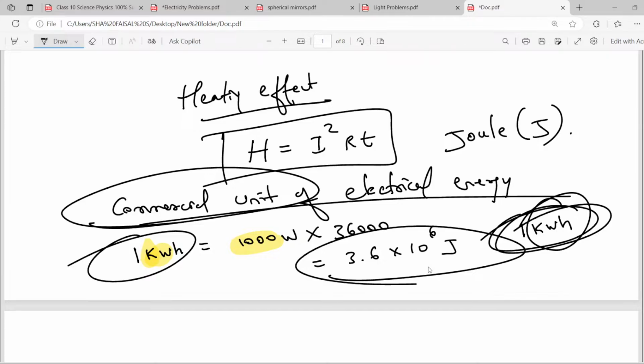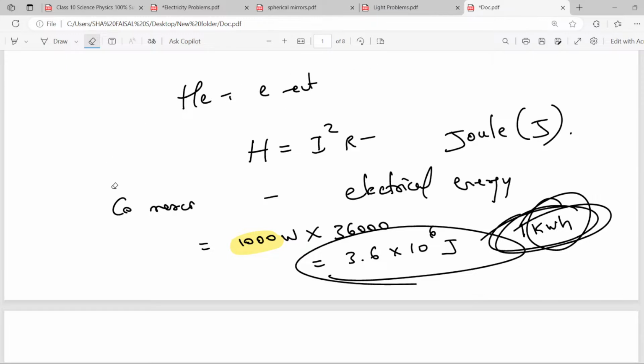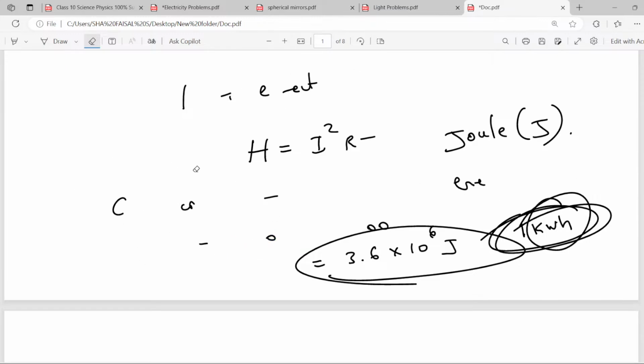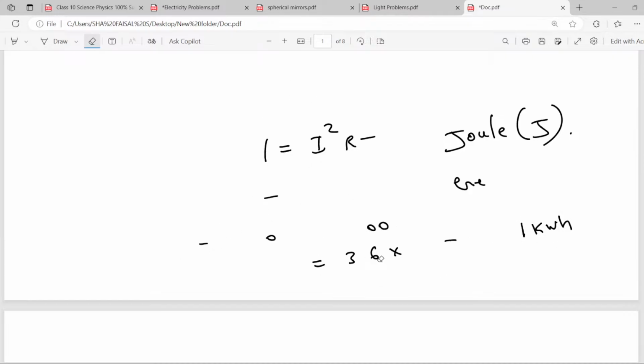I hope the concept is clear. Is the concept clear? Any doubts? Let me clarify first. I have given all the set of formulas that we are going to use here. All the formulas we can use in this chapter, I have shown you.